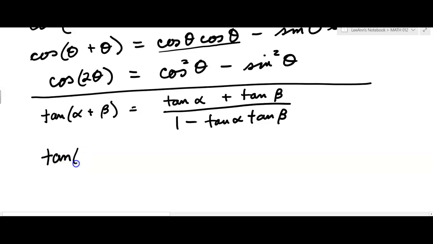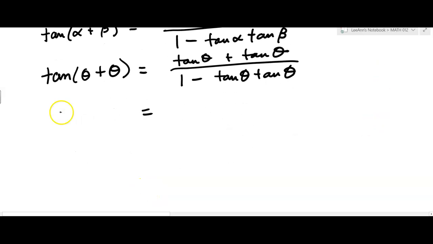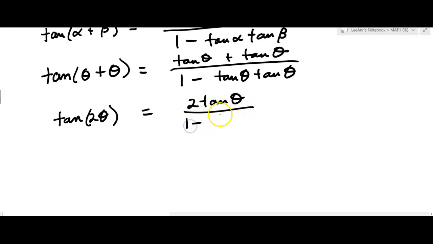So double angle idea, theta plus theta, then we would have tangent theta plus tangent theta over 1 minus tangent theta tangent theta. And so then tangent 2 theta would equal, in the numerator we have 2 tangent theta over 1 minus tangent squared theta.